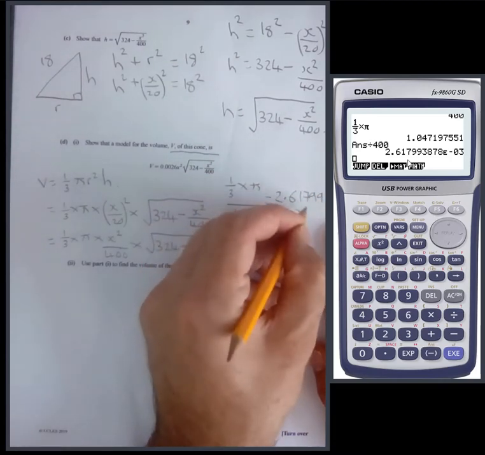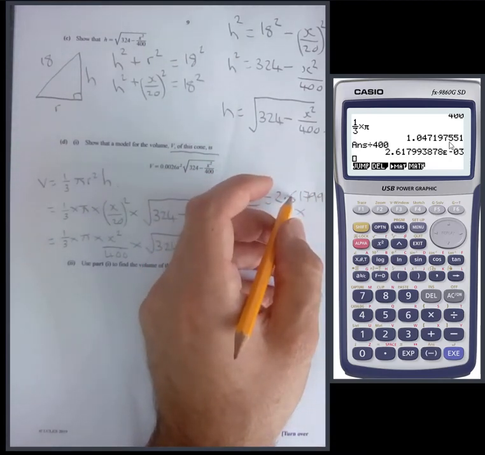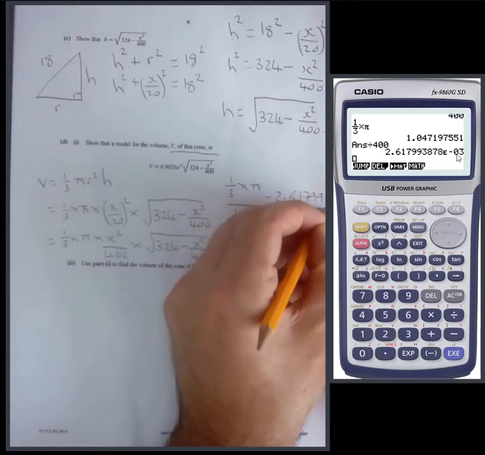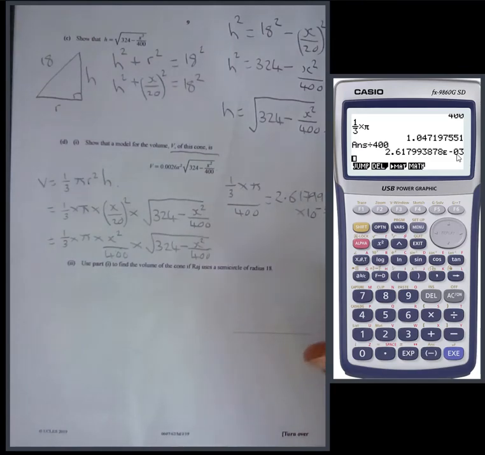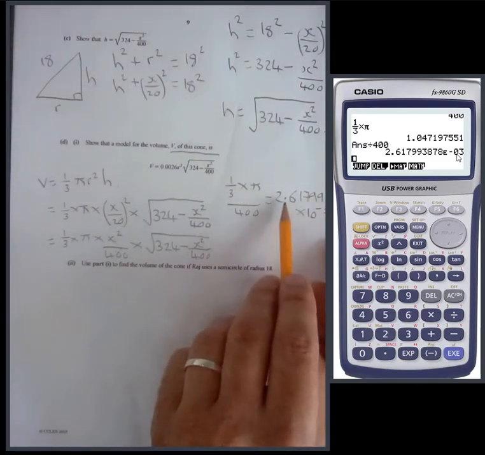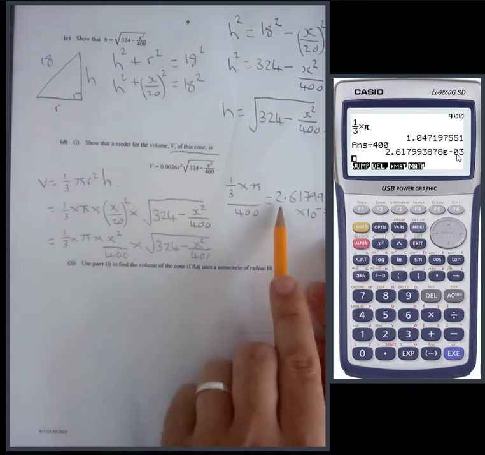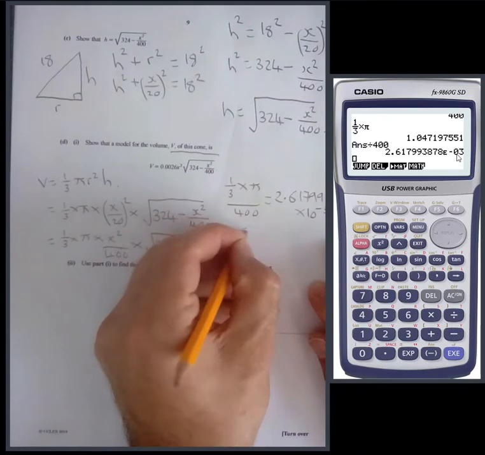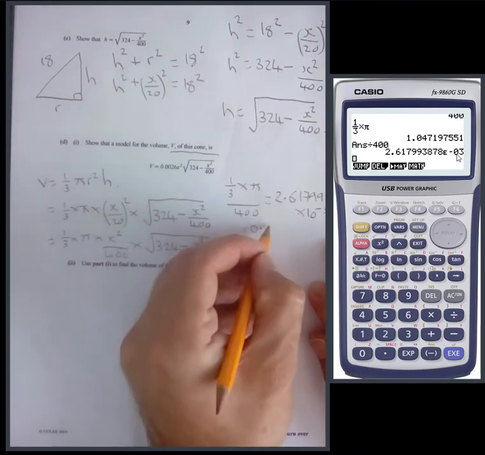So that's telling me it equals 2.61799 times 10, and that little e here means times 10 to the power minus 3. If you've got one of the old calculators, it's not a bad thing to see this actually, because this could really throw you in an exam. So I just need to divide this number by 10 three times, and if the decimal point's already there, it's going to be 0.00.